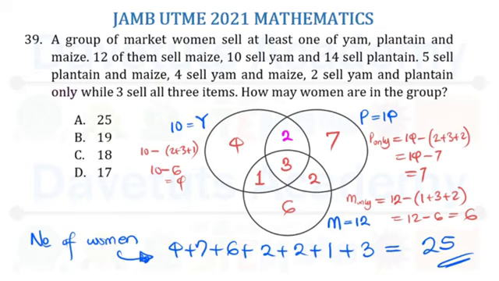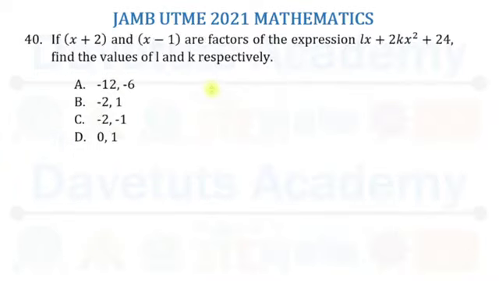That's option A. Okay. We had this question coming from factor theorem, and we are told that x plus 2 and x minus 1 are factors of this expression, and we are to find the values of L and K respectively.